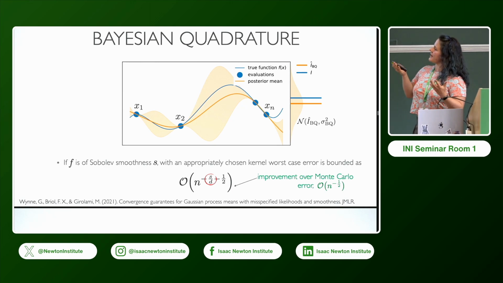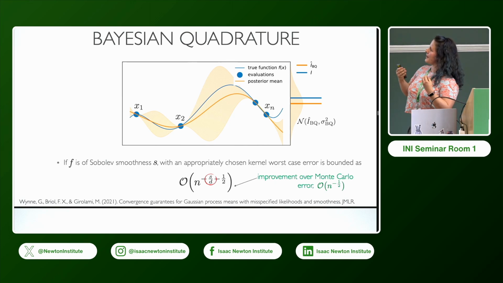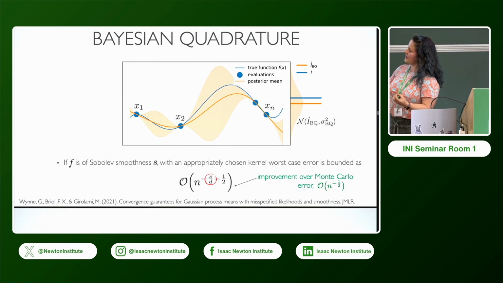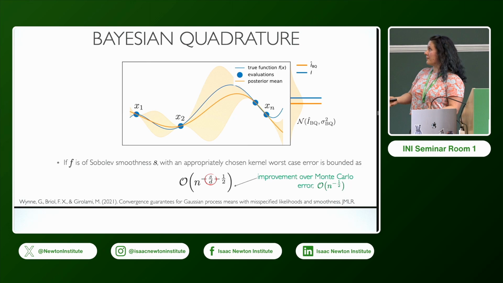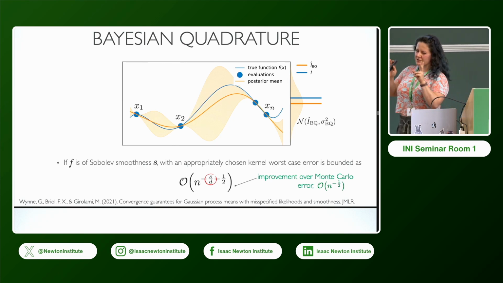Yes, and the main perk of the method is its improved accuracy in comparison to Monte Carlo methods. So there are many convergence results out there. For example, if I know that the function being integrated is of Sobolev smoothness S, if you're not familiar, you can think of it as it has S derivatives, weak derivatives.